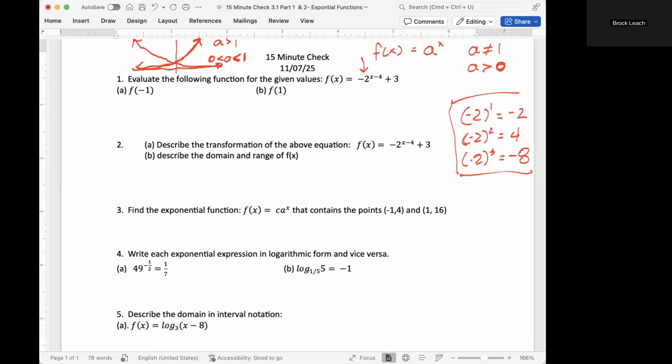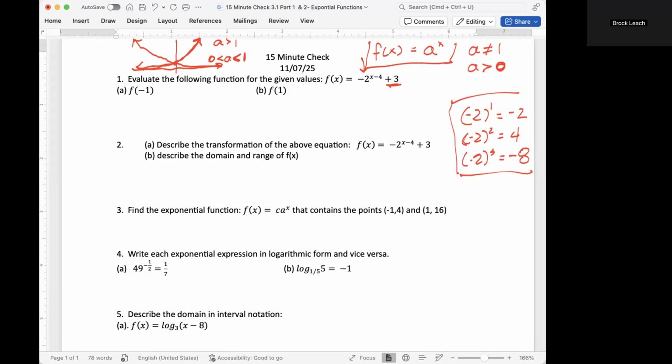They both cross here at y equal to 1 because any base raised to a 0 power is equal to 1. So that's where it's crossing there. But of course, we can add things, subtract things from x as we have here, and we can add things out here, which will move it up and down, right? So we do have variety in where these guys intersect, but just the most basic function is a raised to the x power.